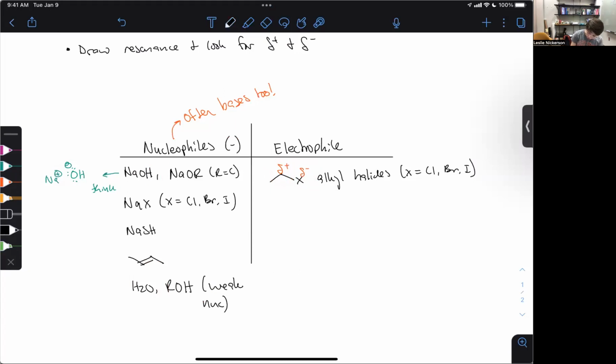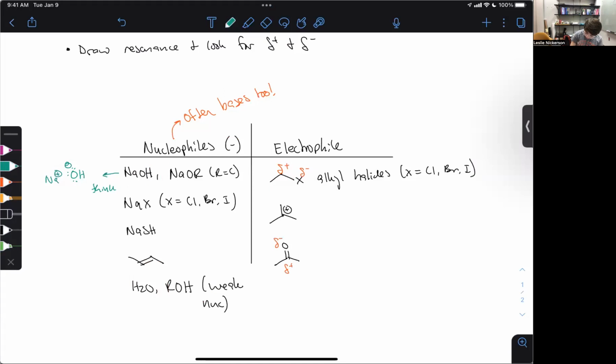Other ones are carbocations. So we've seen a little bit of that so far, right? Where we actually have a positive charge. And then carbonyl groups. Okay, carbonyls are a huge, very important class of electrophiles. And at first glance, you might not think that they're very electrophilic, but keep in mind that we have a delta minus up here and a delta plus up here. That's just from the polar covalent bond.